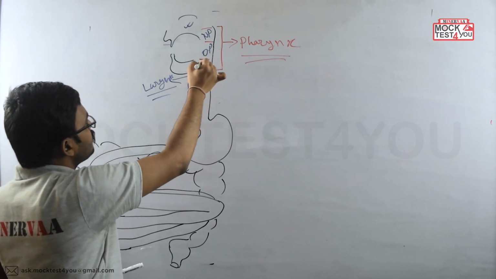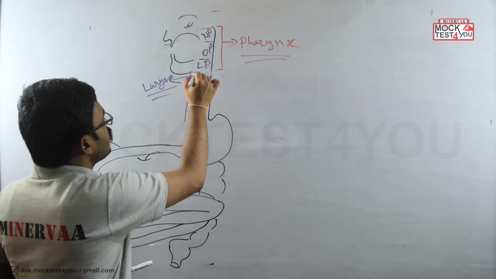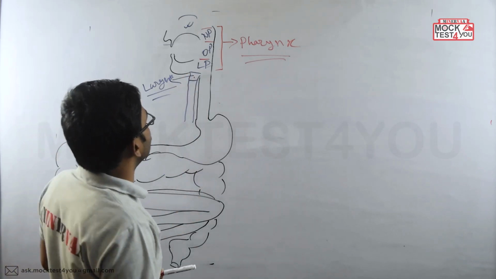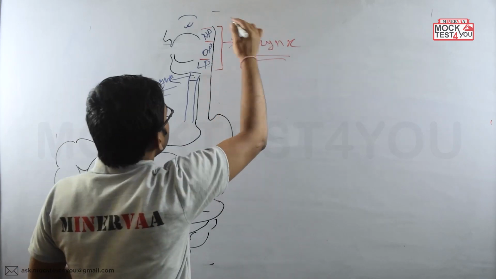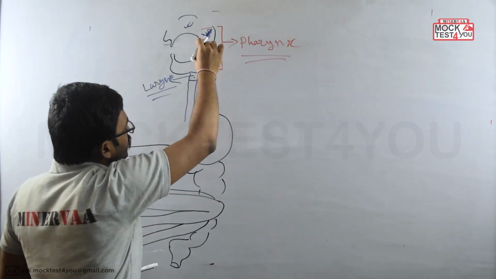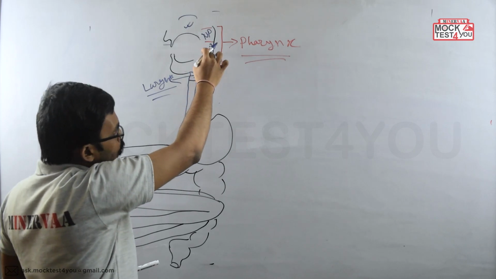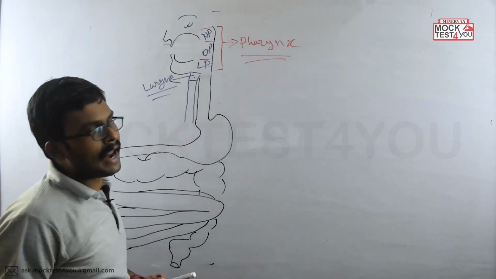As this pharynx is directly connected to the larynx, it is also known as laryngopharynx. So we have got three regions of the pharynx: first the nasopharynx, then the oropharynx, then the laryngopharynx.